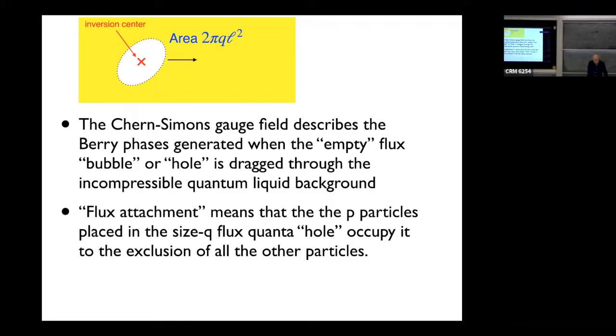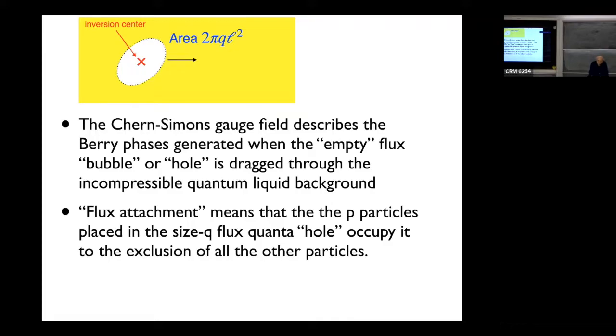It's of course this void, this bubble or vacancy, a hole in the background fluid, which when you drag it around, sweeps the other particles out of the way and picks up a Berry phase as it moves around. And the Chern-Simons gauge field is describing the Berry phases generated when this empty bubble or hole is dragged through the incompressible quantum liquid background.